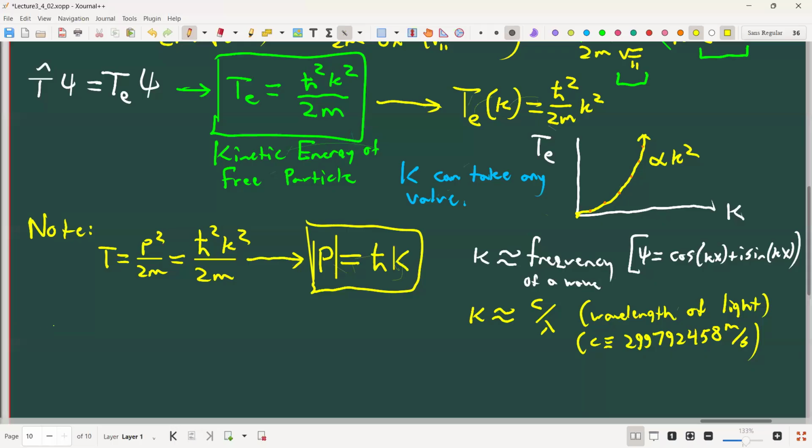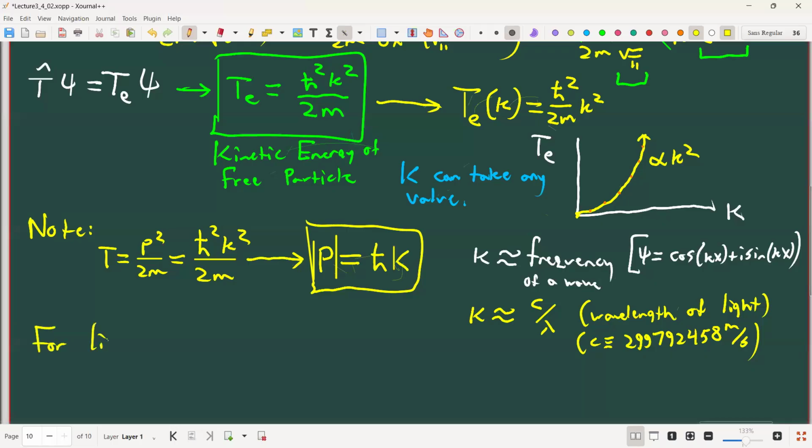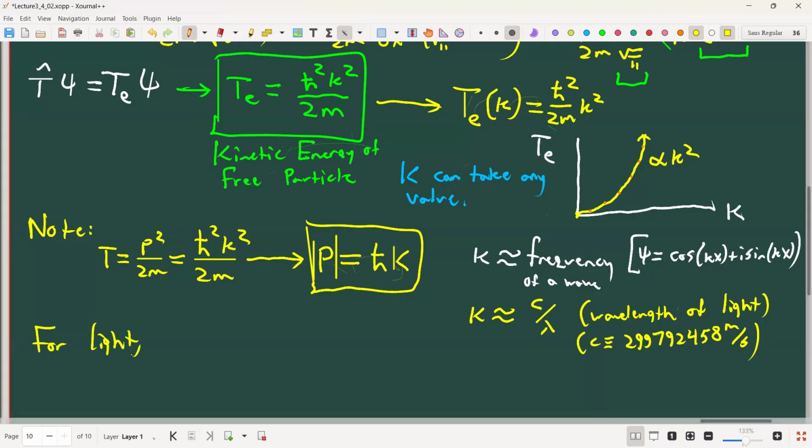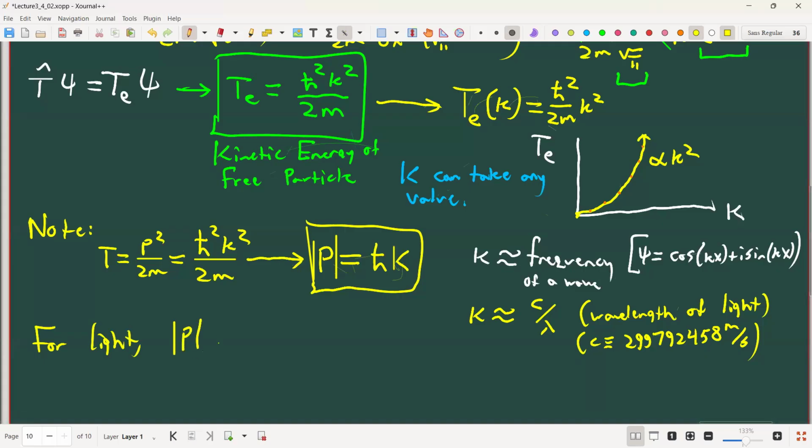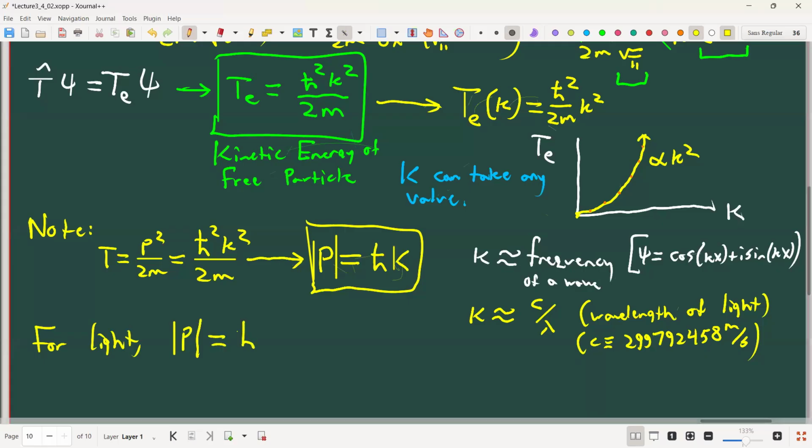So what that says is that for a light wave, its momentum is equal to h c over its wavelength.